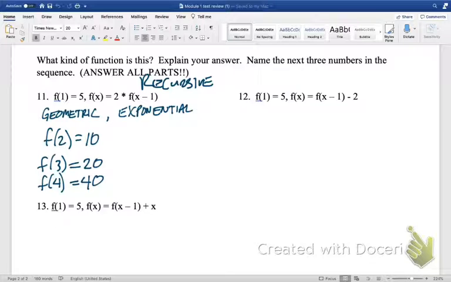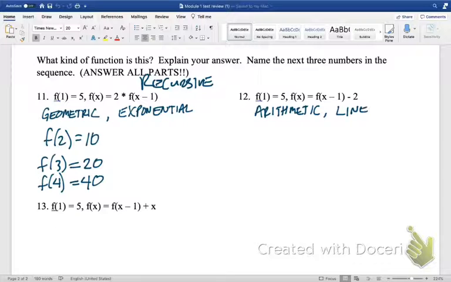For number 12, again, we know that this is a recursive equation because we've got f of 1 defined, and we know we're going off of the previous term. So we know that this is arithmetic because we are subtracting 2 every time.